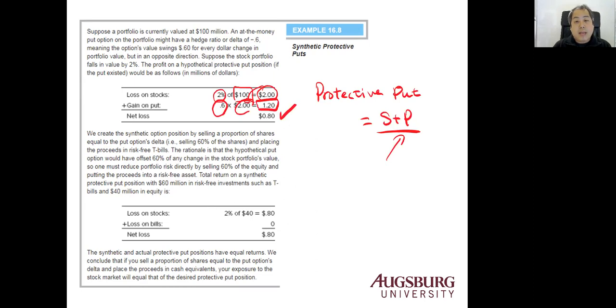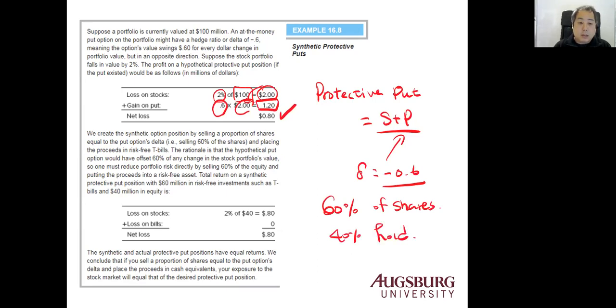Now, without having the put option, we can actually create a synthetic option position, meaning an option position without the option. What we can do is simply sell a proportion of the shares equal to the put option's delta. The delta of the put option is negative 0.6. So let's say just sell 60% of the shares and hold only 40%.